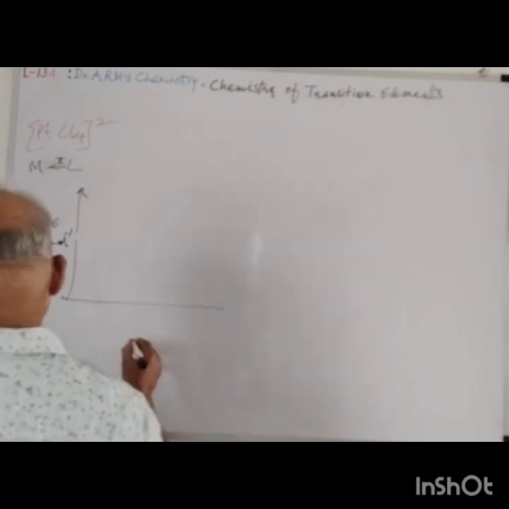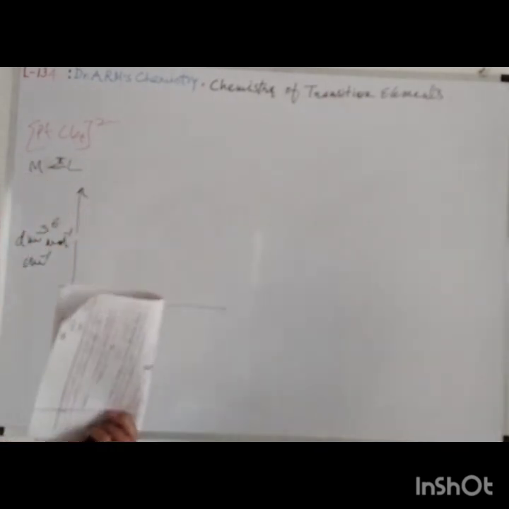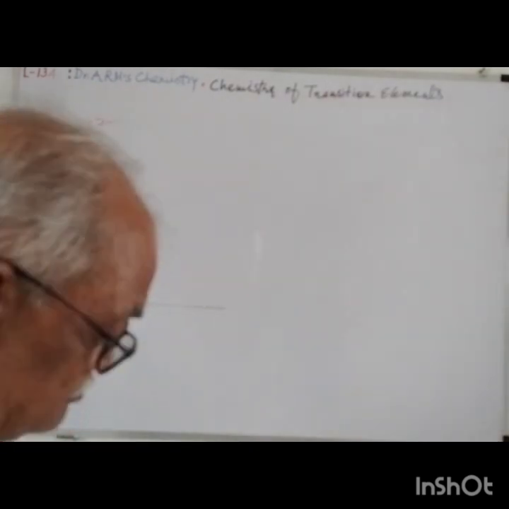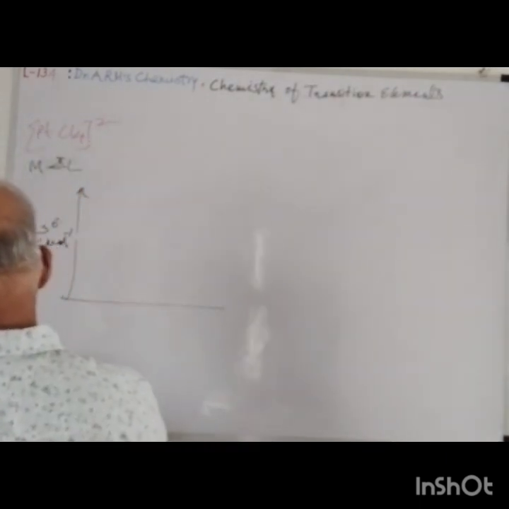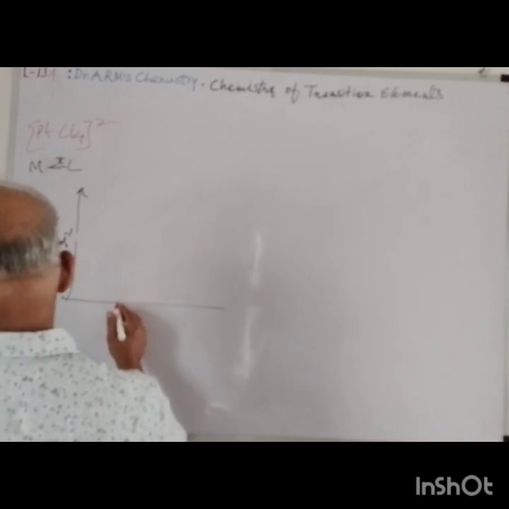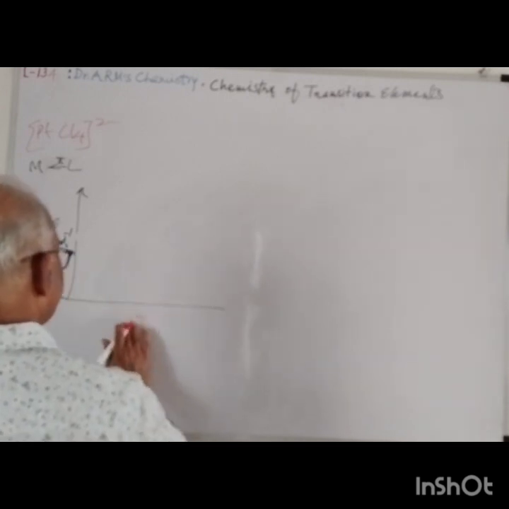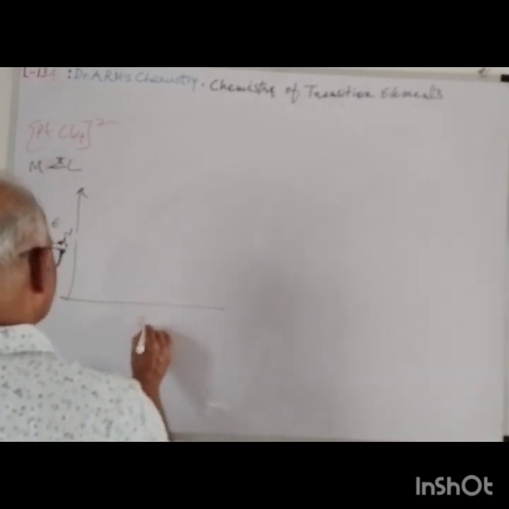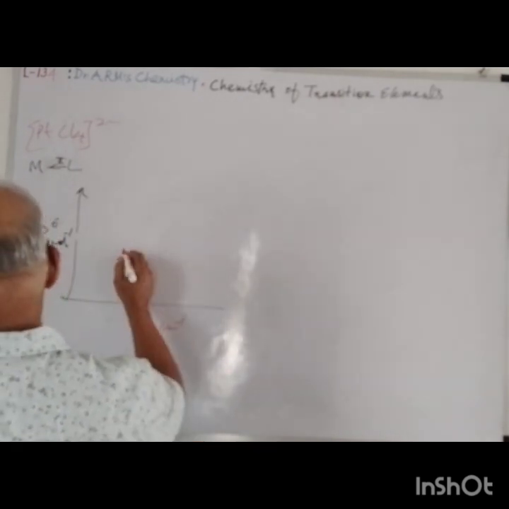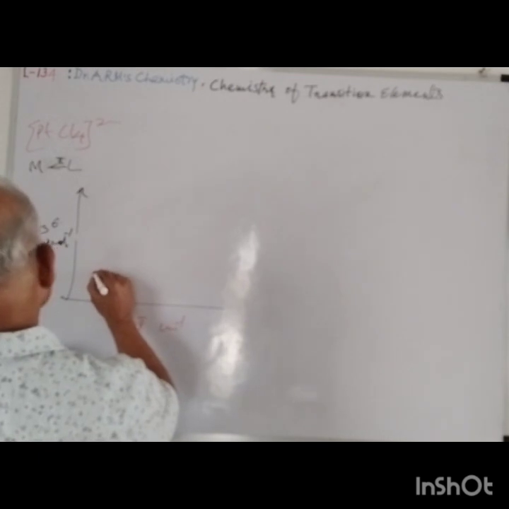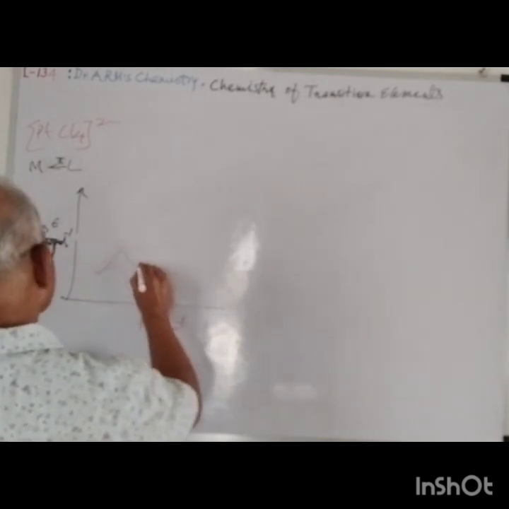Now we can get the absorption spectrum like this. The nu bar values per centimeter are shown here.